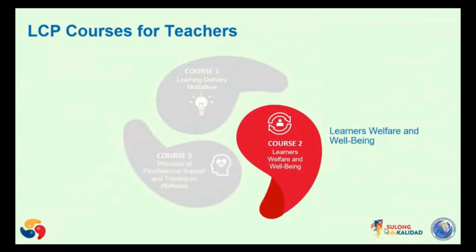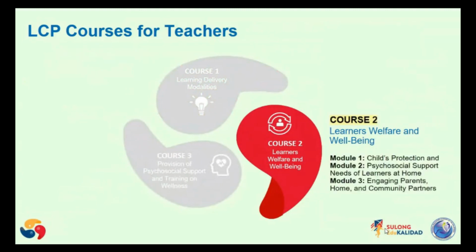Okay, so let's delve more on the course 2, learners' welfare and well-being. As I mentioned earlier, in this course, we will be considering three modules: the child protection, the psychosocial support needs of learners at home, and engaging partners, or especially our parents, the home, and especially the integral role of our external community partners.